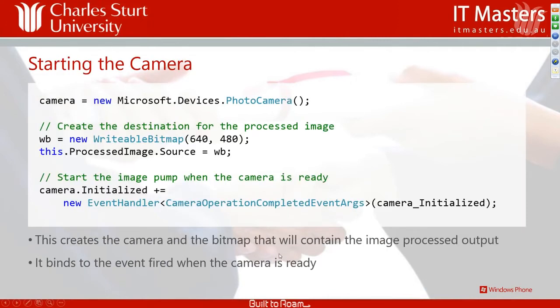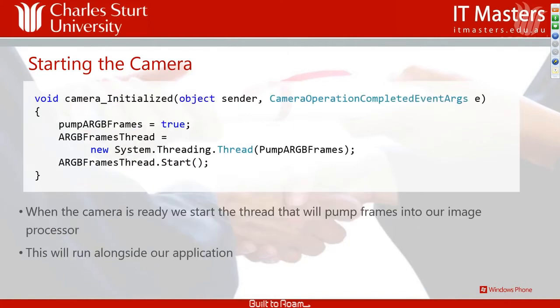Again, we're going to use the photo camera class, creating a new writable bitmap that we're going to set as the source for our image that we display on the screen. After the camera is initialized, we're going to create a separate background thread, which is going to be used to process the data coming from the photo camera object.